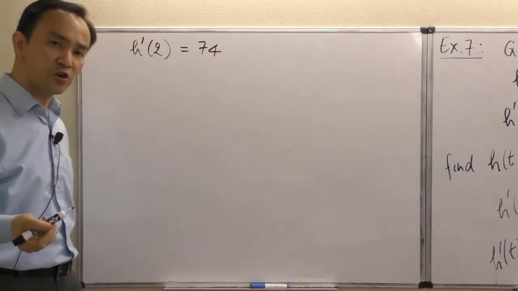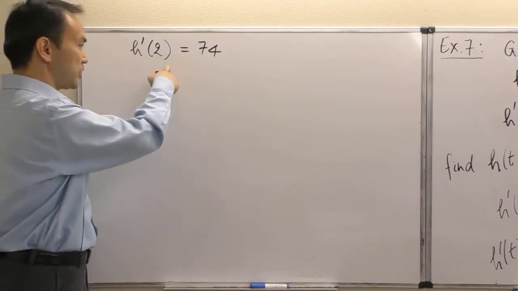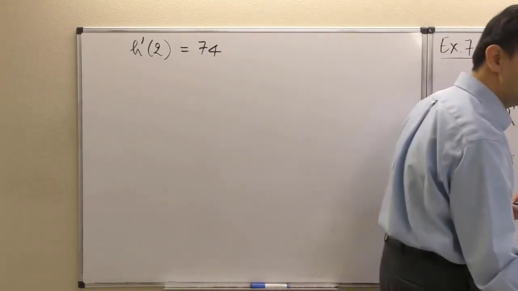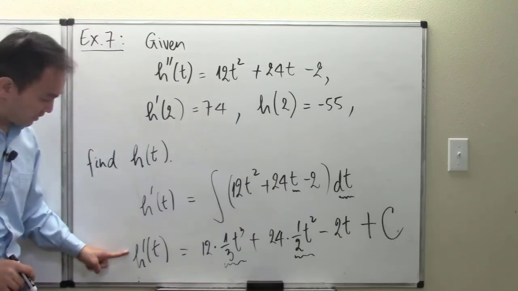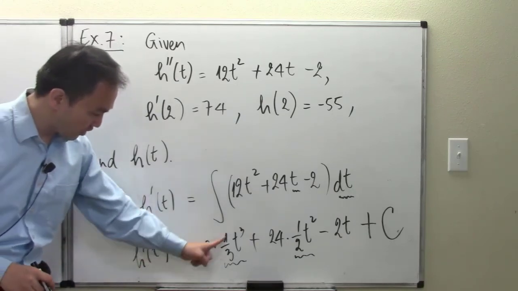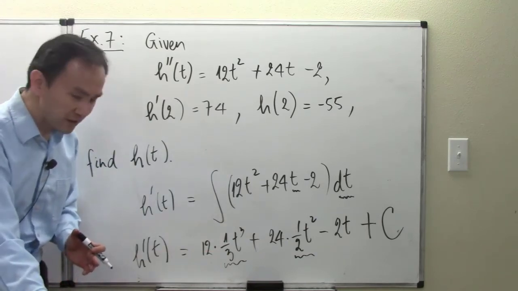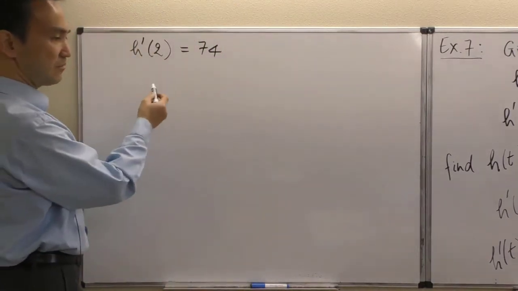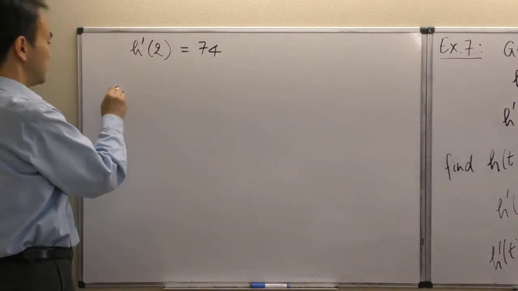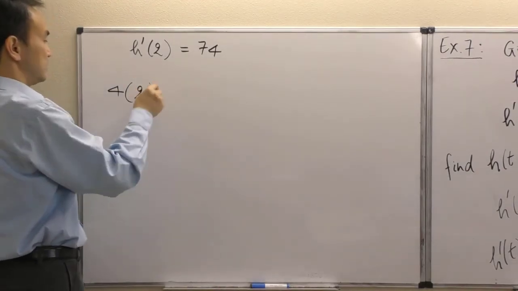It's an initial value that's given right here. But h prime of 2, according to what we have found in terms of the general antiderivative of h double prime, we can now go ahead and clean up the terms here a little bit in terms of simplifying the coefficients. And so now I'm looking at 4 times t cubed, but t now is substituted by 2.